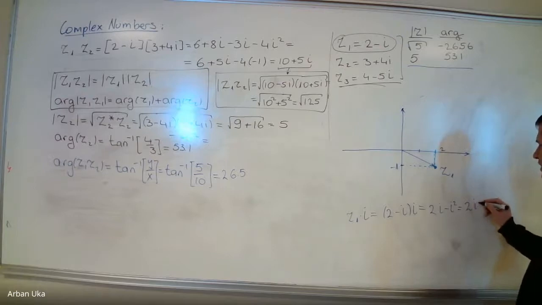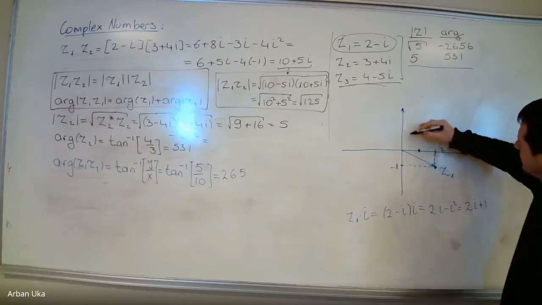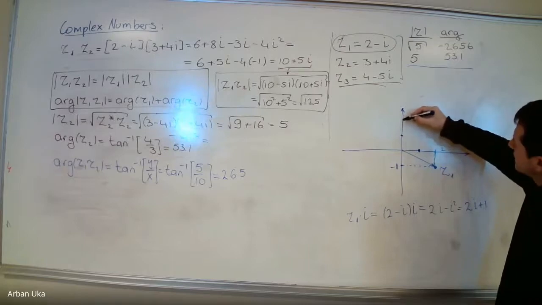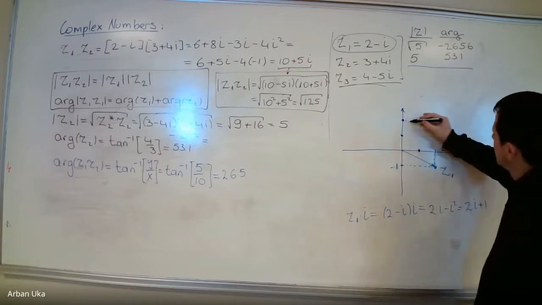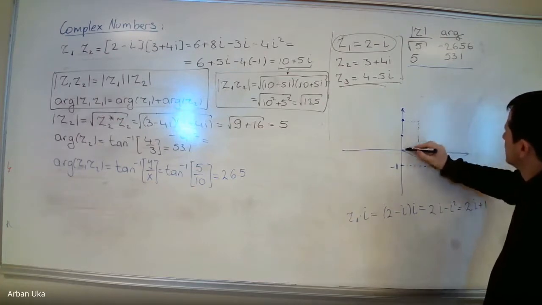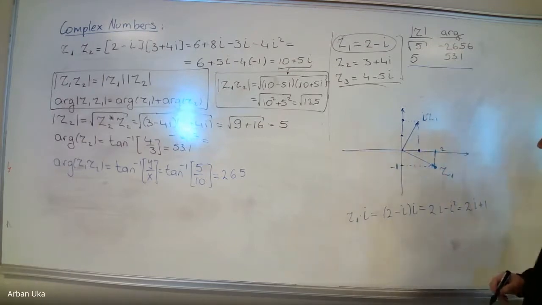Which is 2i plus 1. So what is the real part here? The real part is 1. So then i times z1 is a number which is shown somewhere here. This is i times z1, okay?